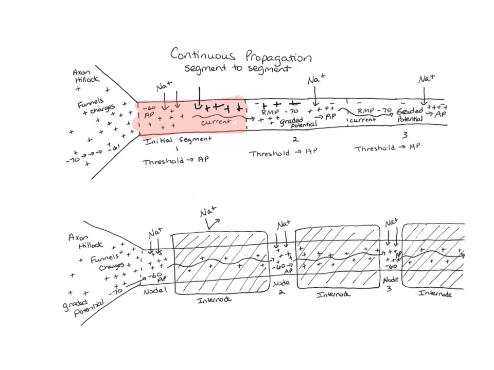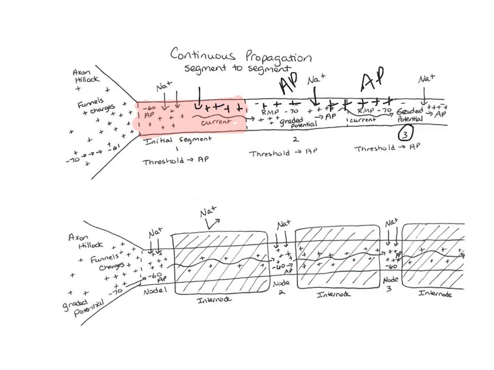And then that next segment will have an action potential. And sodium ions are going to rush in, and those positive charges are going to move down to the next segment, the third segment. And that segment's going to reach threshold, and we're going to get another action potential there.